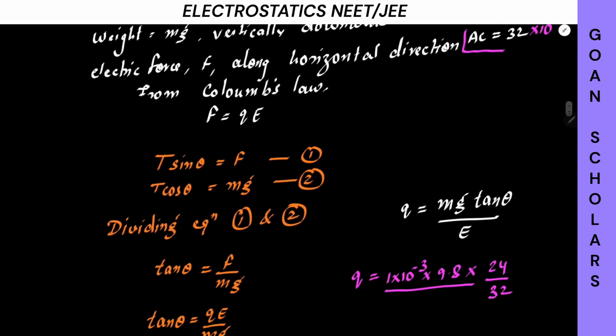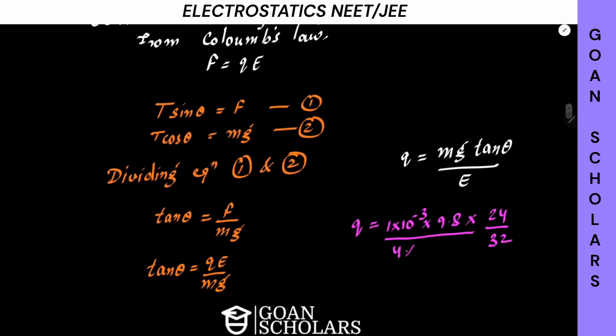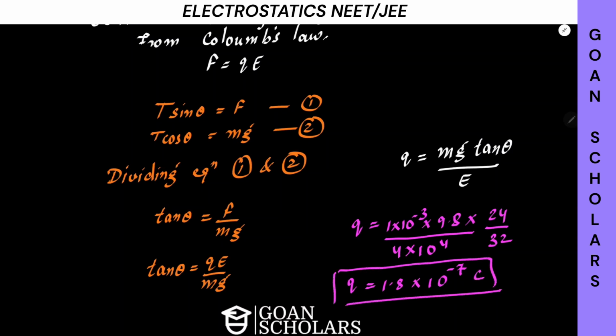Electric field, how much is given in the question? 4 into 10 to the power 4. Let's simplify this. 1 into 9.8, that's 9.8 into 24, is 235.2, divided by 4, 58.8 divided by 32. That will give you 1.8, and into 10 to the power minus 7. And what's the unit of charge? Coulombs. That's our answer to this particular problem.